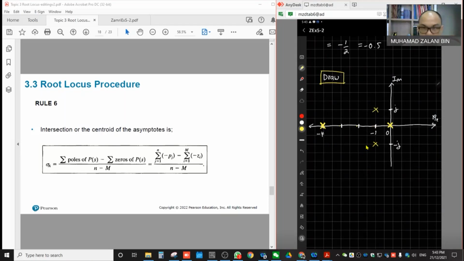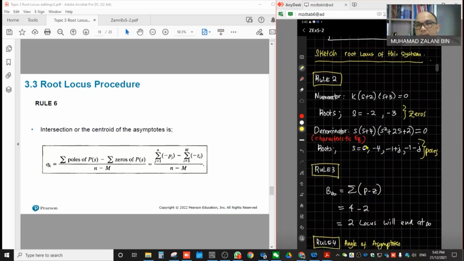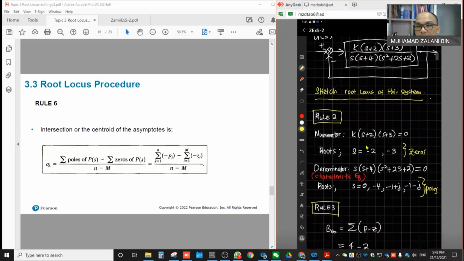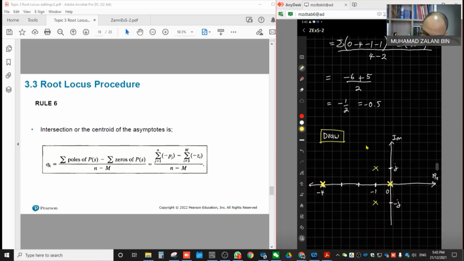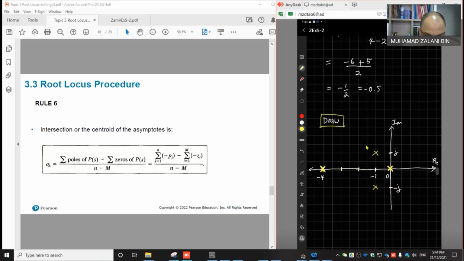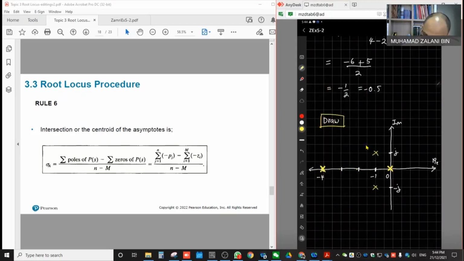Okay, how about zeros? Let's check. We have zeros at -2 and -3 on the real axis. Let me use the same color but with a different symbol for zeros.